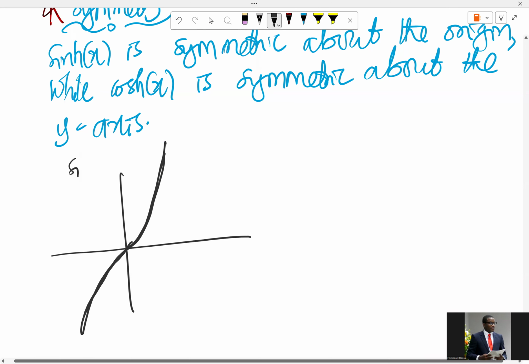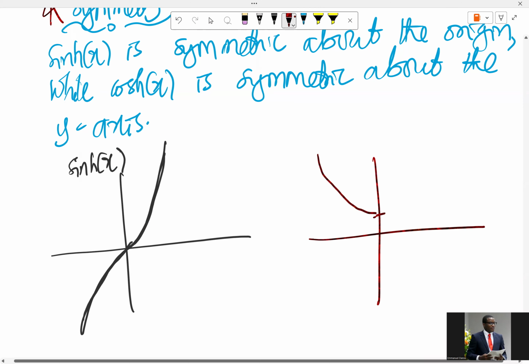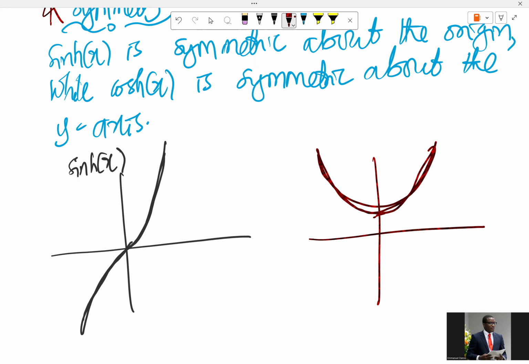So this is sinh x. Whereas cosh x is like this. You have this, then the minimum is 1, so it's increasing this way. This is the exponential growth for sinh, down and up. Of course, this is the origin. So it has exponential growth, and it is also symmetric. If you divide it into 2 by this point, the shape you have on this side is the same as at the other side. That is what symmetry is about.